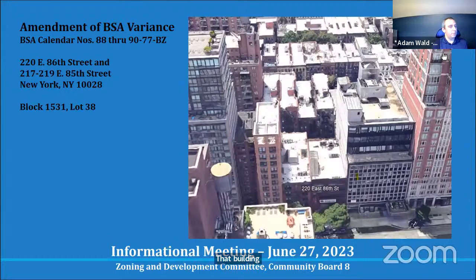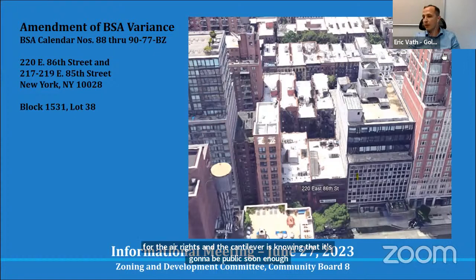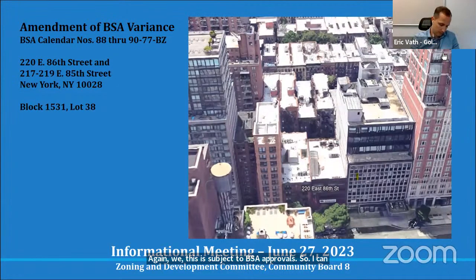My question is, can you share with us what the total acquisition price for the air rights and the cantilever is, knowing that it's going to be public soon enough? I don't have that information. I don't even know if there are terms yet. Again, this is subject to BSA approval, so I can see if I can find that information out for you. Thank you.